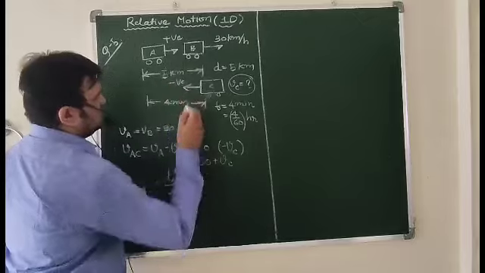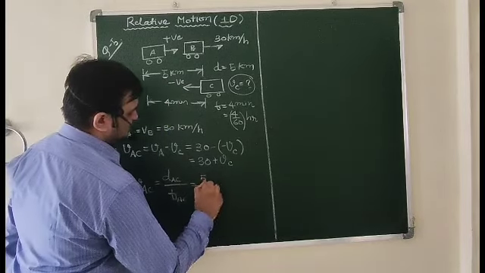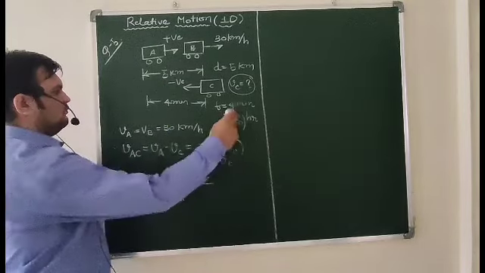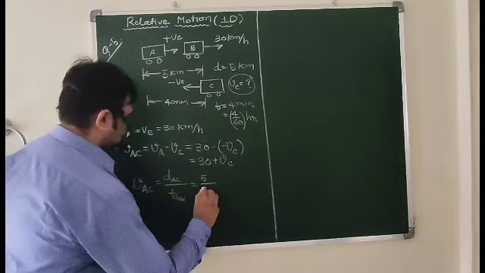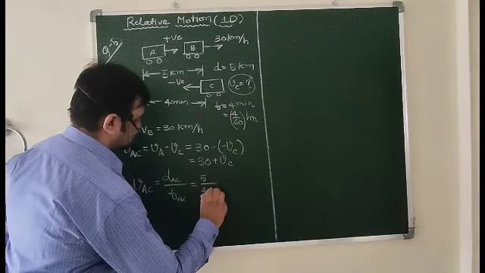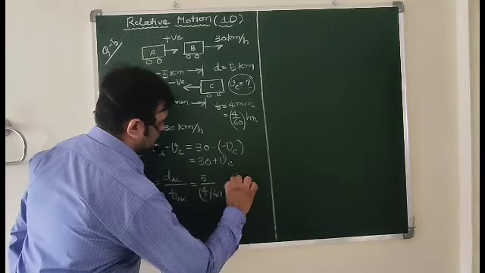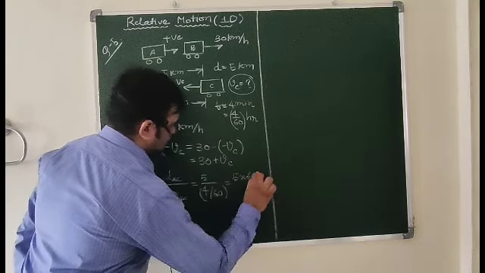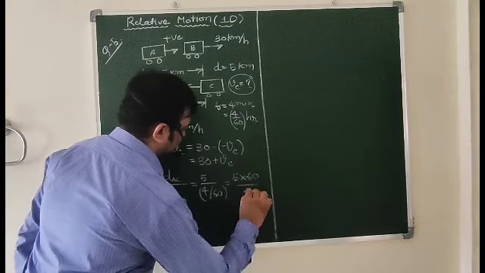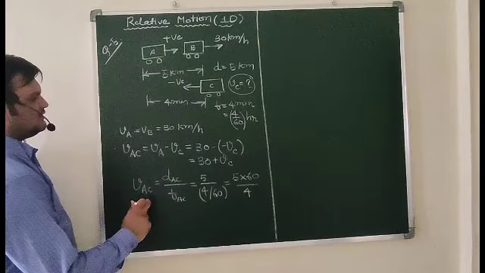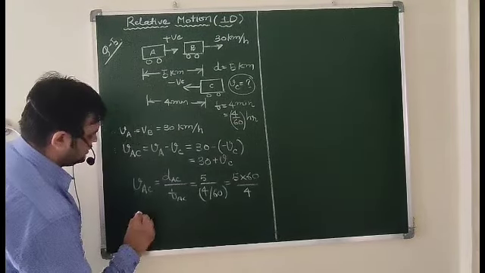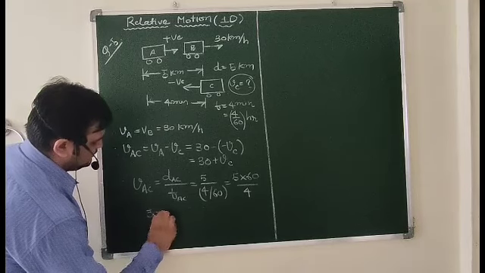Distance is 5 km and the time is 4 by 60 hour. So ultimately it is 5 into 60 divided by 4, and VAC is equal to 30 plus VC.